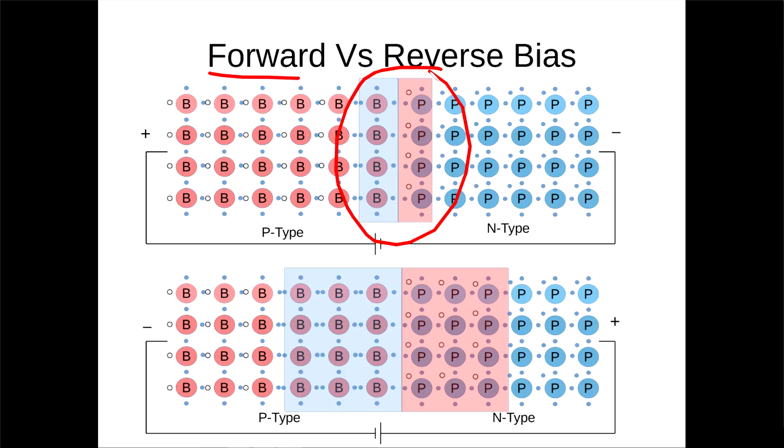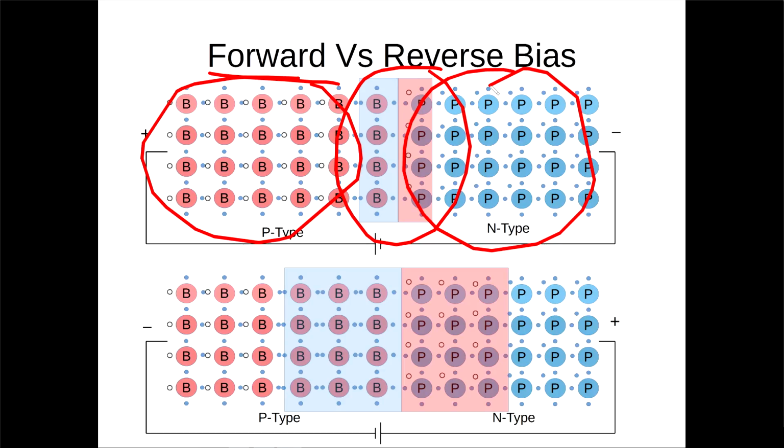It is still there, but we can shrink it so small that its resistance is negligible, and the current will be allowed to flow in this forward bias configuration. So current will actually start to flow, and where these semiconductors meet, the depletion region in the middle is almost negligible, to the point where this whole thing acts like a conductor, almost like a wire, right?